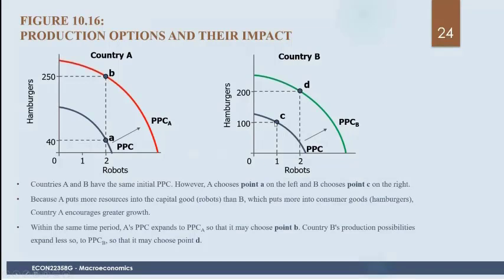Okay, so in the future, because of some investment in capital, their PPC curve will shift to the right. They might get to a point here where they can have 202 robots, but this country is going to be able to have much more consumption and the same amount of robots. So that's the idea. The more you invest in capital, the more this PPF curve or PPC curve will shift to the right.